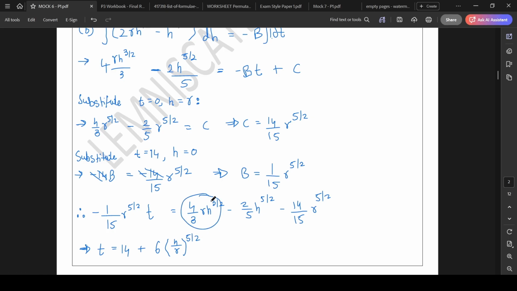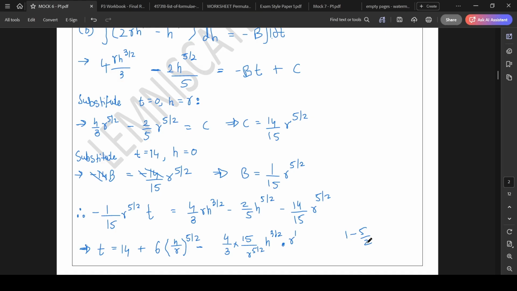And now let's simplify the last term. So we are having 4 over 3 into, of course, there will be a negative sign this time, and then 15 divided by r to the power of 5 by 2, h to the power of 3 by 2, and r is also present. So now what is r to the power of 1 divided by r to the power of 5 by 2? What is 1 minus 5 by 2?